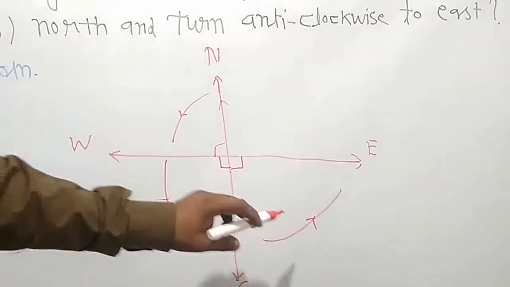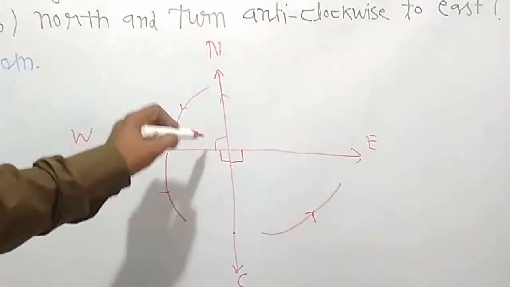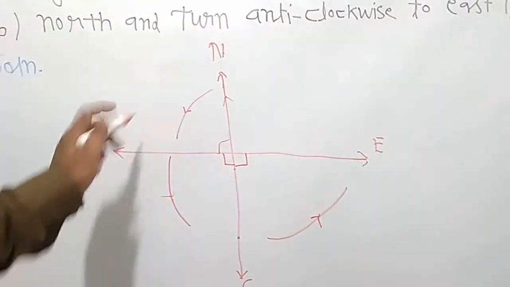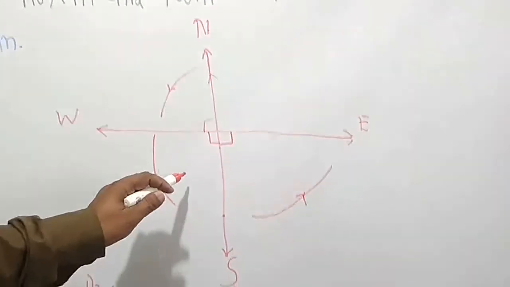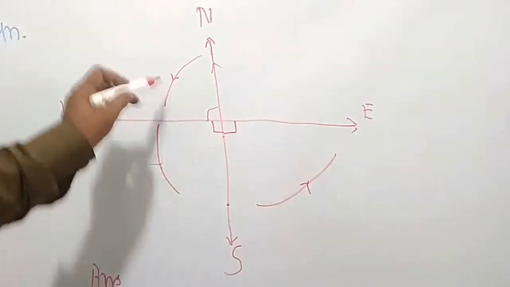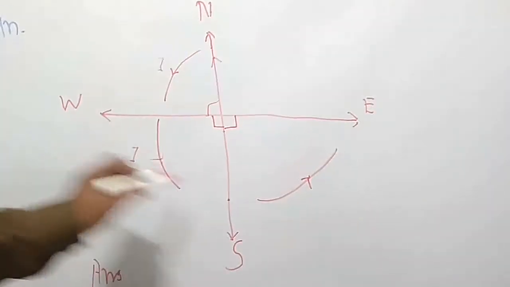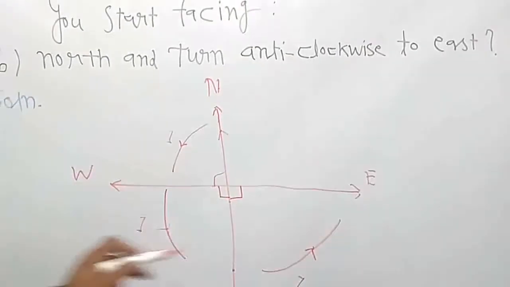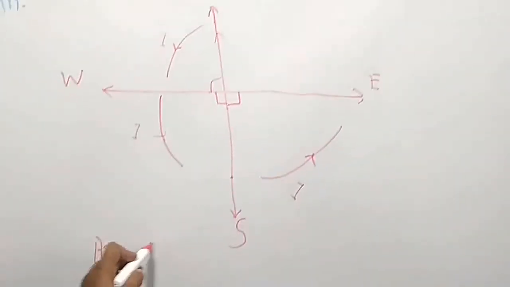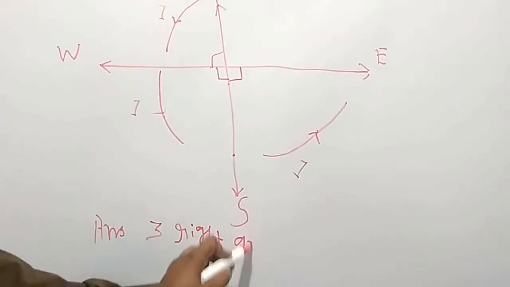Between north and west, it is a right angle. From west to south, one more right angle. From south to east, one more right angle. So it is 1, 1, 1. How many right angles are there? There are 1, 2 and 3 right angles. So our answer is 3 right angles.